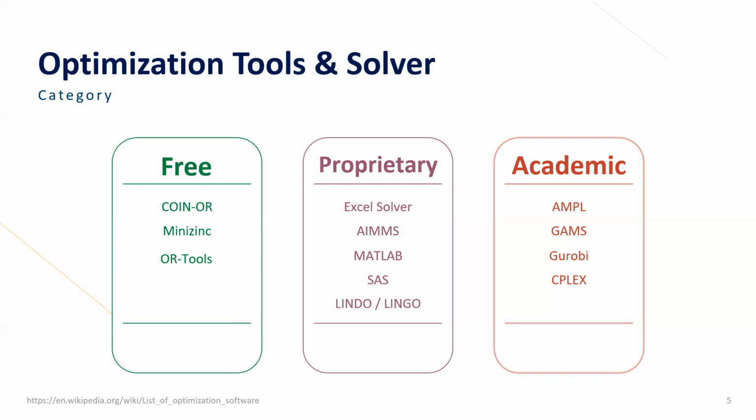In those optimization tools, we will have something called a solver. For short, they use the terminology solver to define the tools that implement those algorithms that you do manually, like the simplex algorithm, branch and bound, and branch and cut.